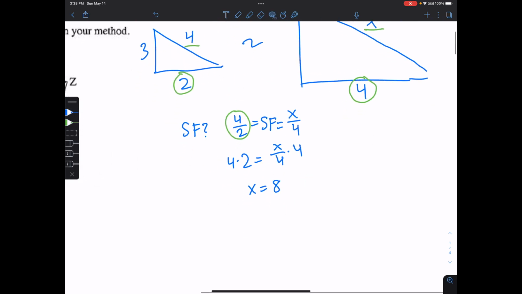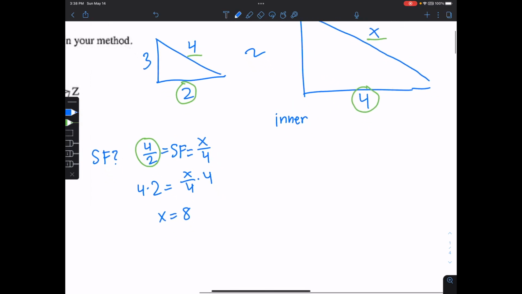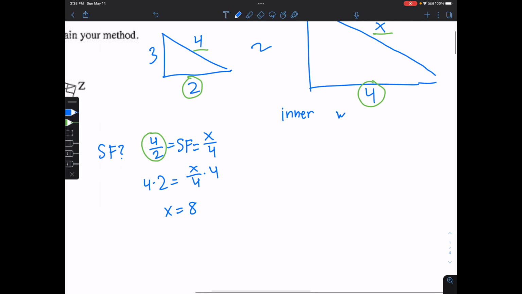Another way that we could set up our proportion is to look at the inner ratios, or what I like to call within ratios.